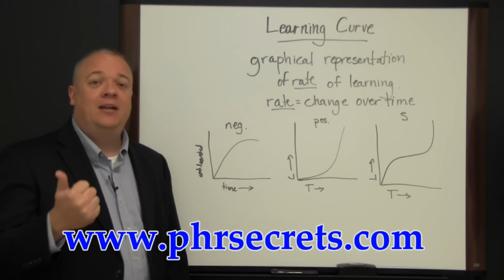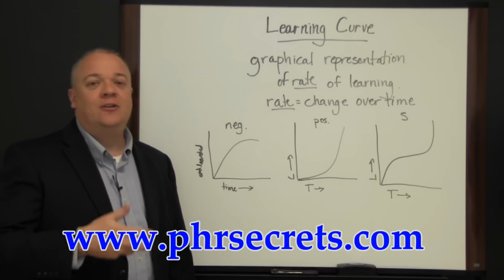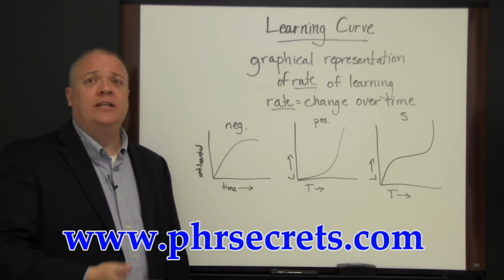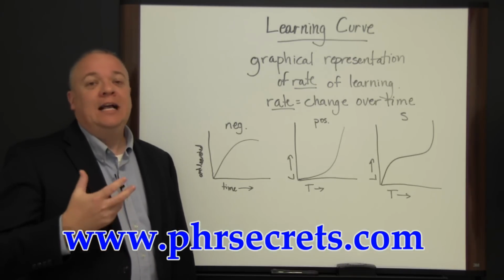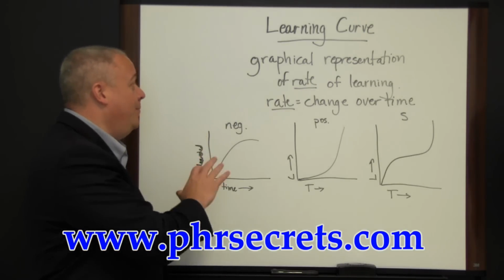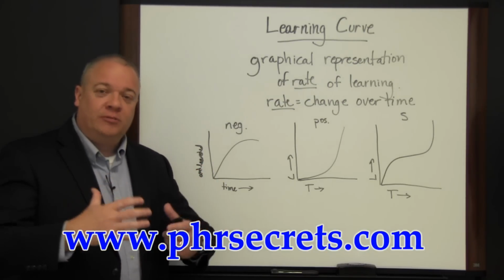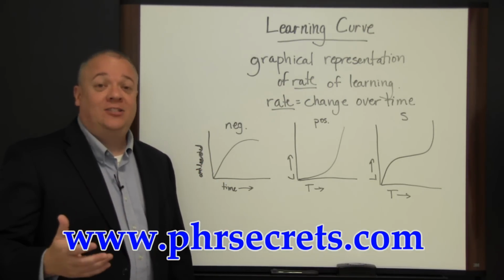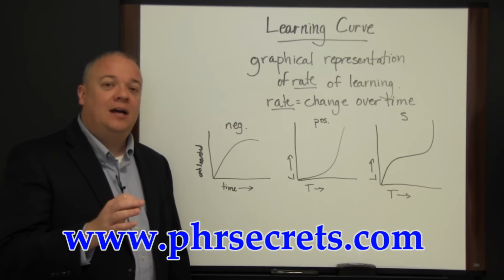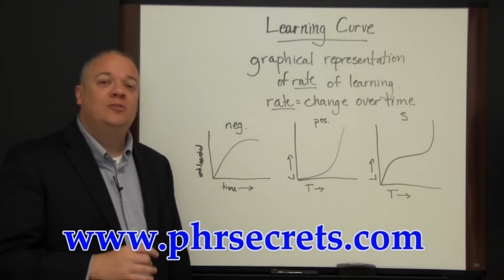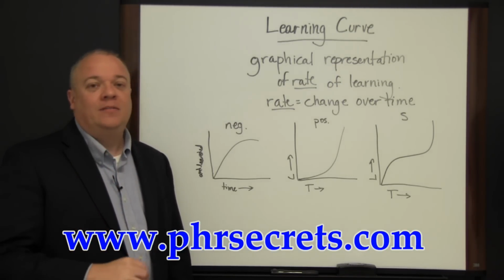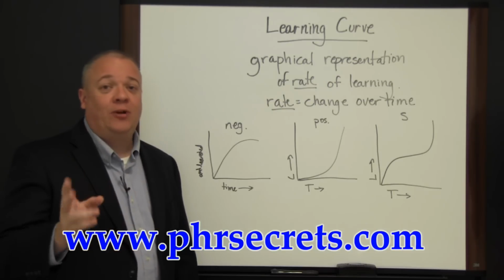It's a diagnostic tool to measure the rate of learning over time. It's important for managers, for trainers, human resource professionals, instructors. They can use this graphical representation of the rate of learning as they graph it and measure it by getting actual real results in to diagnostically determine, are my techniques working? Is the material I'm using working? Are there environmental factors that are contributing to positive rates of learning?